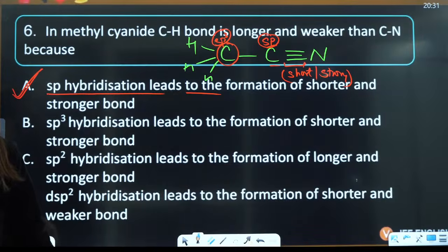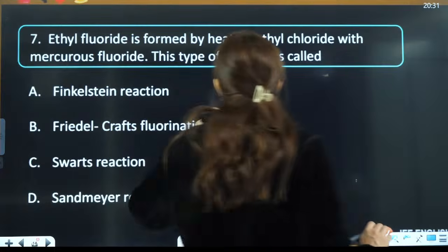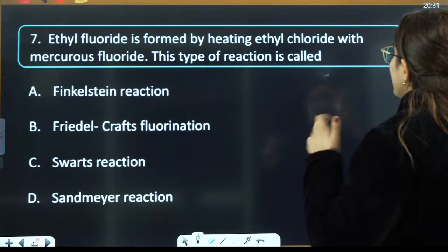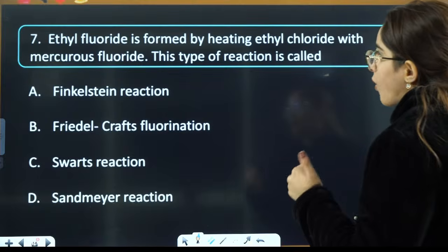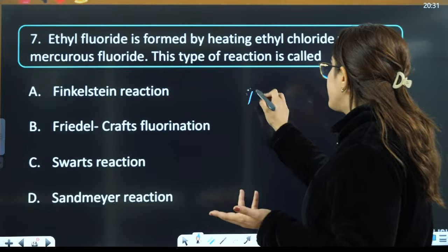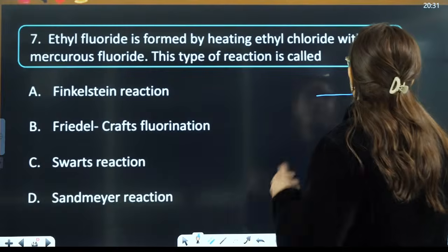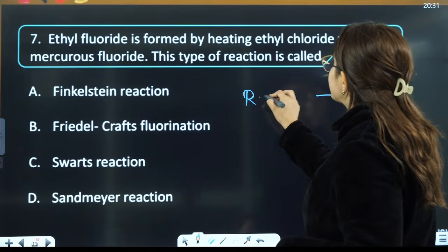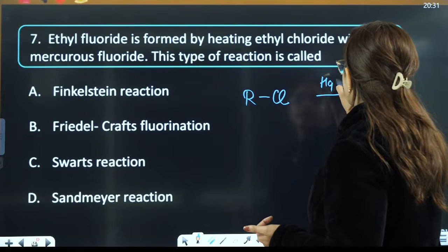Okay, next is, ethyl fluoride is formed by heating ethyl chloride with mercurous fluoride. This type of reaction is called what? So you have an alkyl fluoride that is formed by heating the same chloride with mercurous fluoride, right?